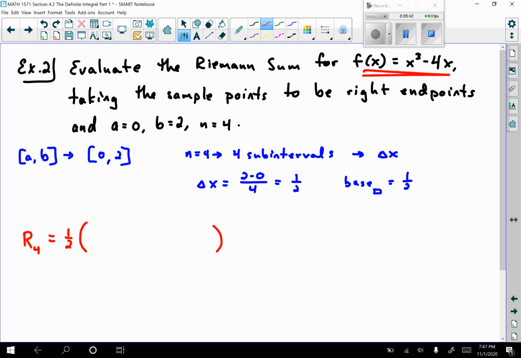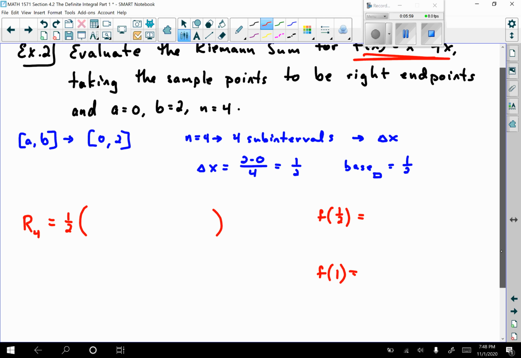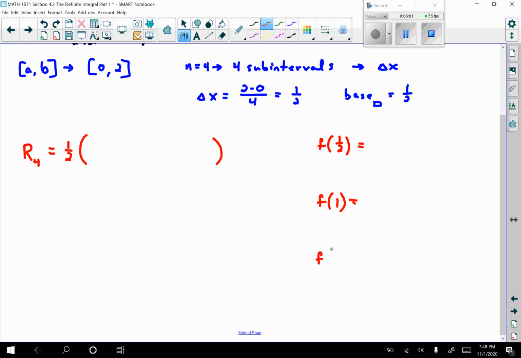So I'm going to go back up and use f of x equals x cubed minus 4x. Since it's the right endpoints, I'm not going to start at 0, I'm going to start at 1/2. So I need f of 1/2, then f of 1, then f of 3/2, and then finally f of 2.